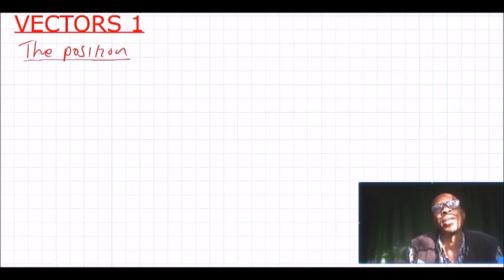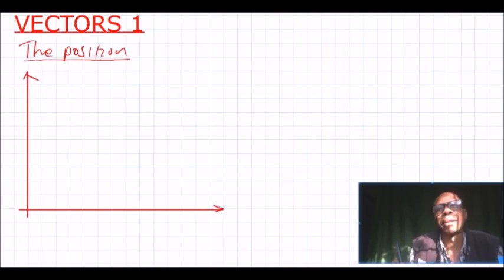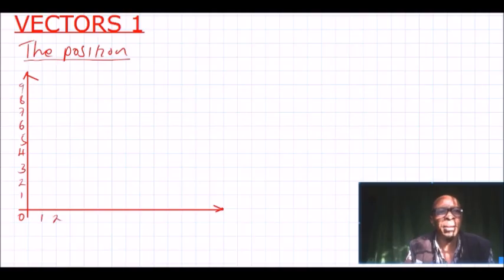So if you draw the Cartesian plane here, you name your axes, you say this is 0, you have 1, 2, 3, 4, 5, 6, 7, 8, 9 on each axis.